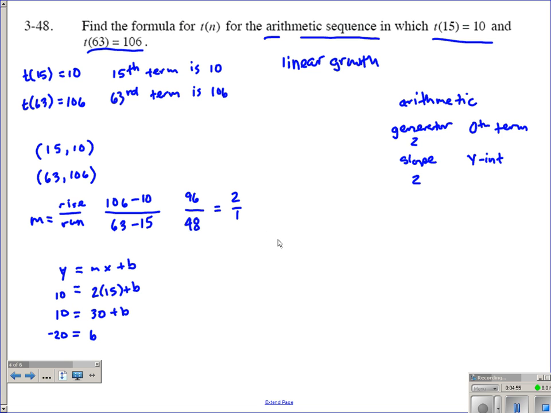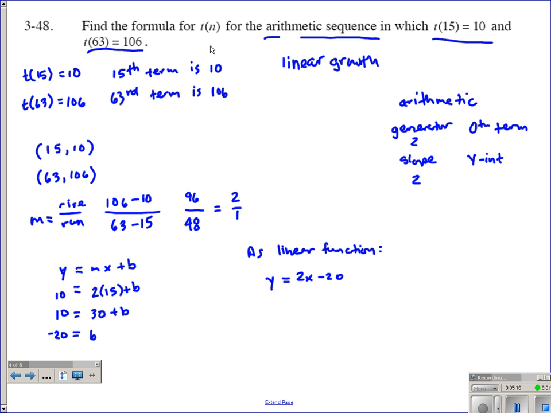So if we were going to write this as a linear function, it would look something like this: y equals 2, which is our slope, times x minus 20.